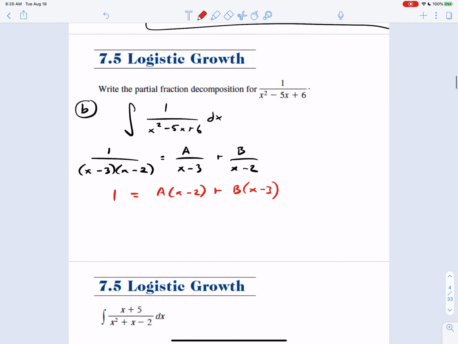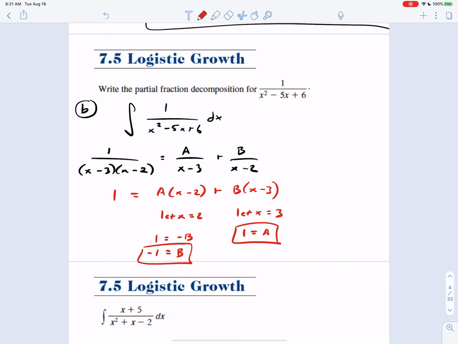Okay? If I let x equal 2, my equation will be 1 equals negative b. So b will be negative 1. And if I let x equal 3 here, I'll have the equation 1 equals a. So I have my a and my b. So my a is 1 and my b is negative 1.